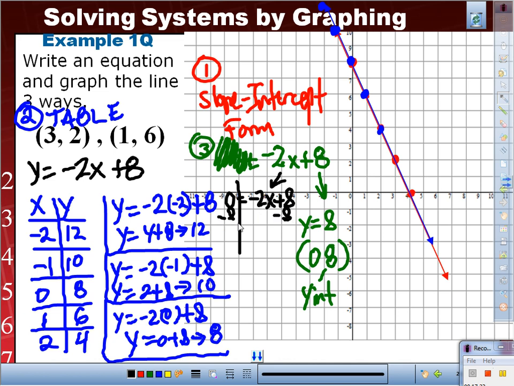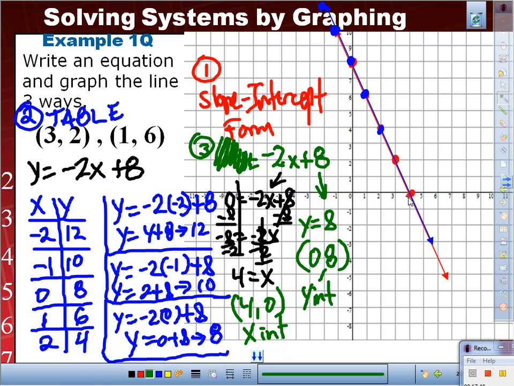Minus 8, minus 8. We're left with negative 8 equals negative 2x. Divide by negative 2. 4 equals x. What does that mean? 4, 0, which is my what? X-intercept.